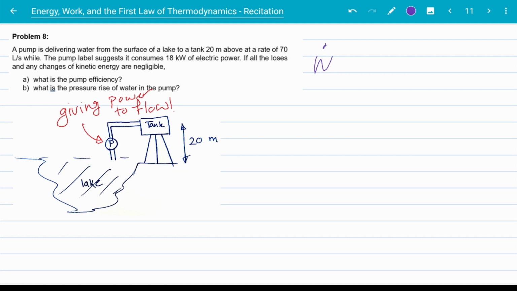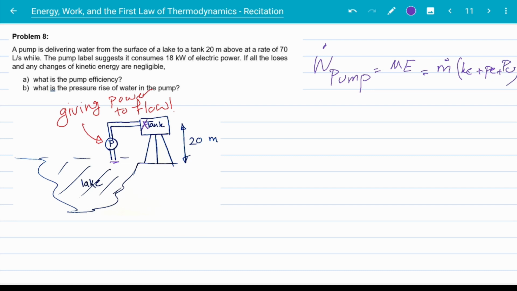So the power of the pump is actually equal to the mechanical energy change between the lake surface and the tank, right? So that will be m dot times kinetic energy plus potential energy plus P nu.